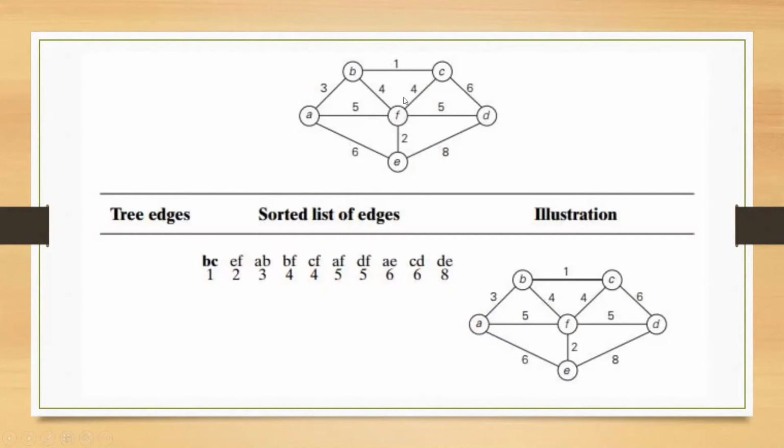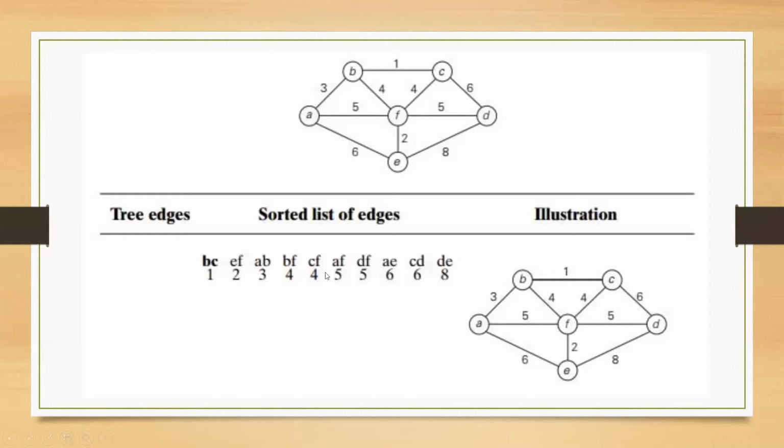There are two edges, BF and CF, and why has BF come first? Because B is smaller than C, so you have to follow this convention also. Once again, AF and DF both have the same cost 5, but AF is written first before DF. Like this you sort all the edges and write their costs below the edges.